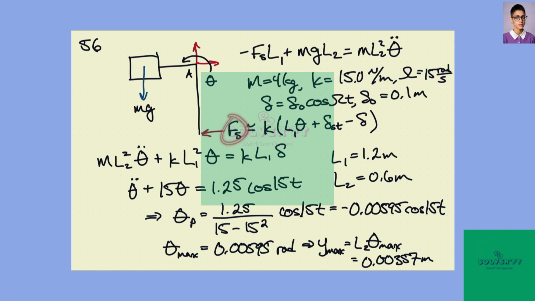So the spring force, and again, this is approximate because I'm assuming that the angle here is going to be small, so that the displacement down here is roughly L1 theta.